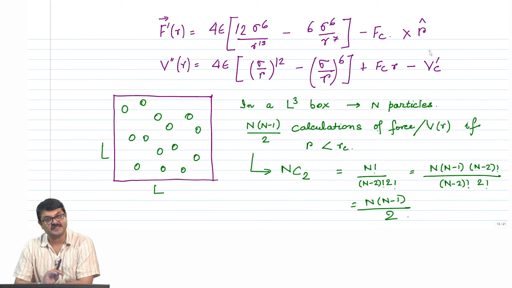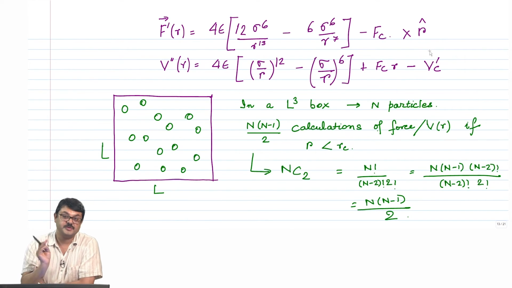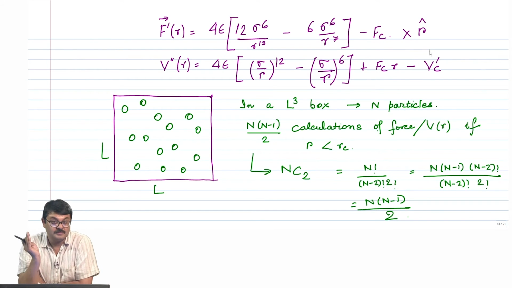It has been checked that that does not change the physics behavior much. But of course, if you choose r c equal to say 2 or 1.5, we have changed the potential drastically. We would have modified the depth of the potential, and it will give you different physics. But if you choose r c to be 3 sigma, you practically are working with a system as good as the original Lennard-Jones system.